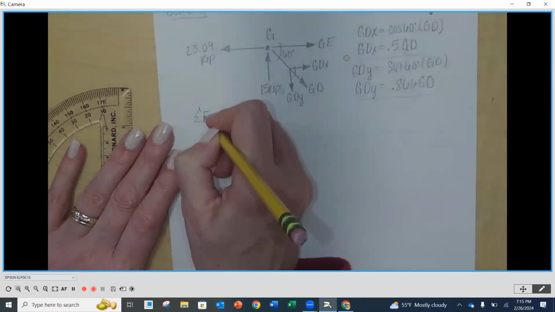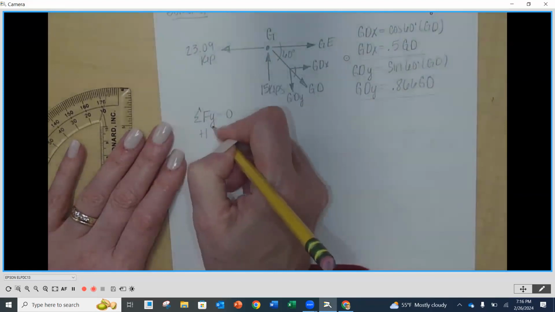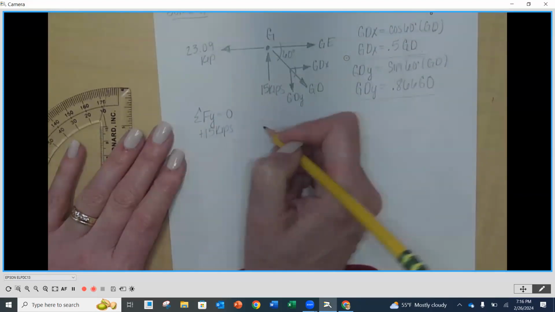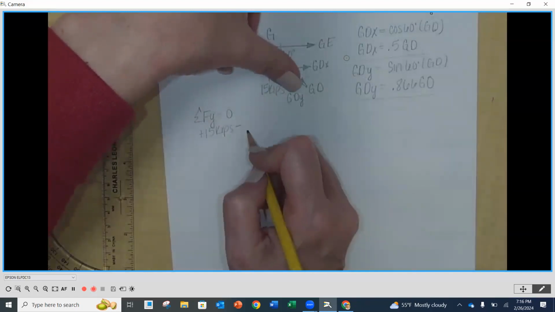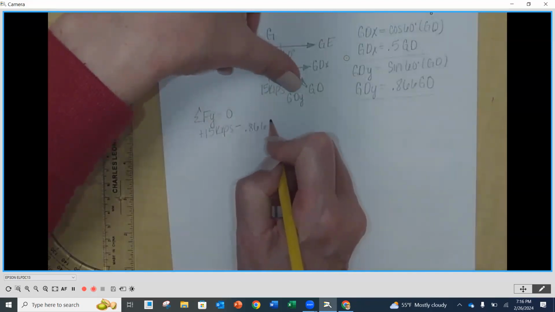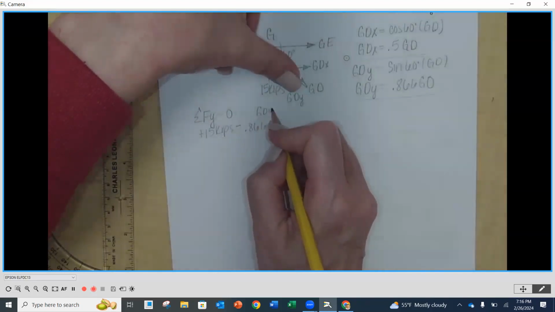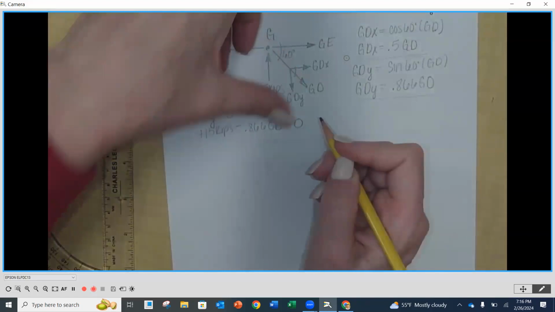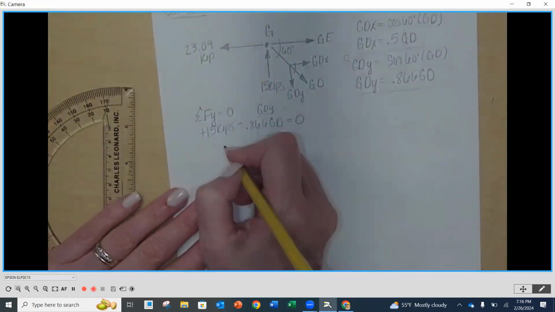So I'm going to sum my forces in the Y direction equal to 0. I've got a positive 15 kips. And I've got a negative GDY, so a negative 0.866 times GD. Okay, so this is my GDY equal to 0. There's only those two forces. So I'm going to move my 15 to the other side.